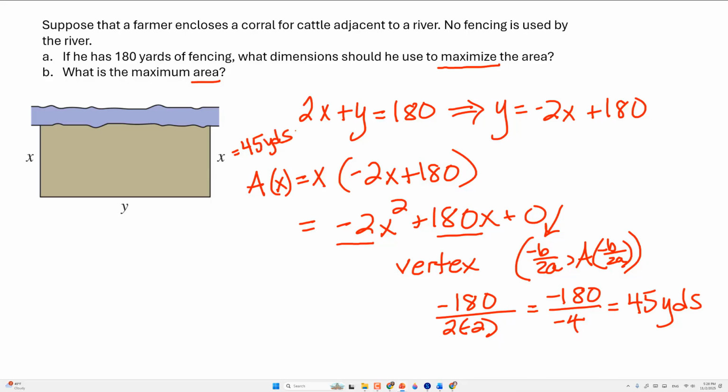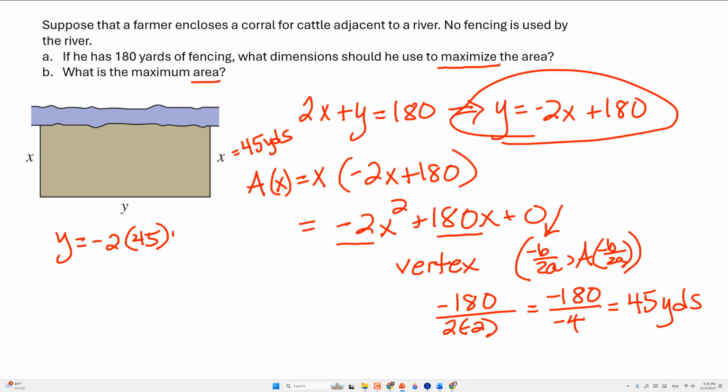To find the length, we can just plug that 45 into what we know y is. y is going to equal negative 2 times 45 plus 180, and that's just going to be negative 90 plus 180, which is 90.